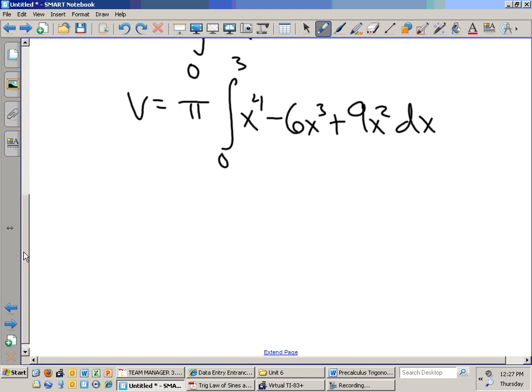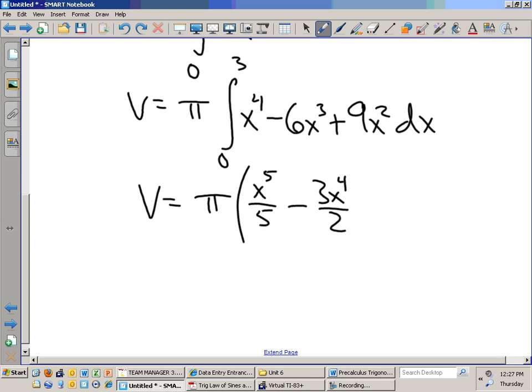Then now we take the antiderivative. Volume is equal to pi times x to the 5th over 5, minus 6x to the 4th over 4, or 3x to the 4th over 2, plus 9x to the 3rd over 3, or 3x to the 3rd, evaluated from 0 to 3.